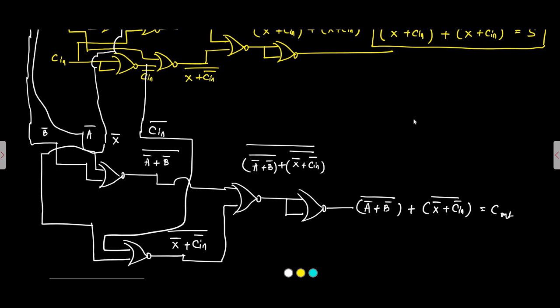And always remember, here X is nothing but A XOR B. So this is the implementation of the full adder using NOR universal gates.